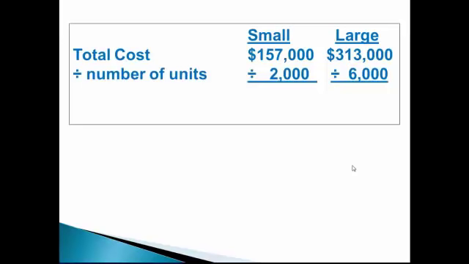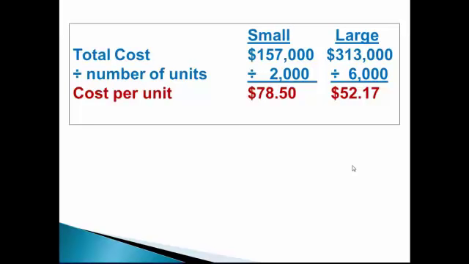So I'm going to divide these total costs by the number of units for each of these customer types. And what we find is that the cost per unit for the small retailers is $78.50 and the large is $52.17. So clearly, for the same inventory, it costs less to service those large companies.